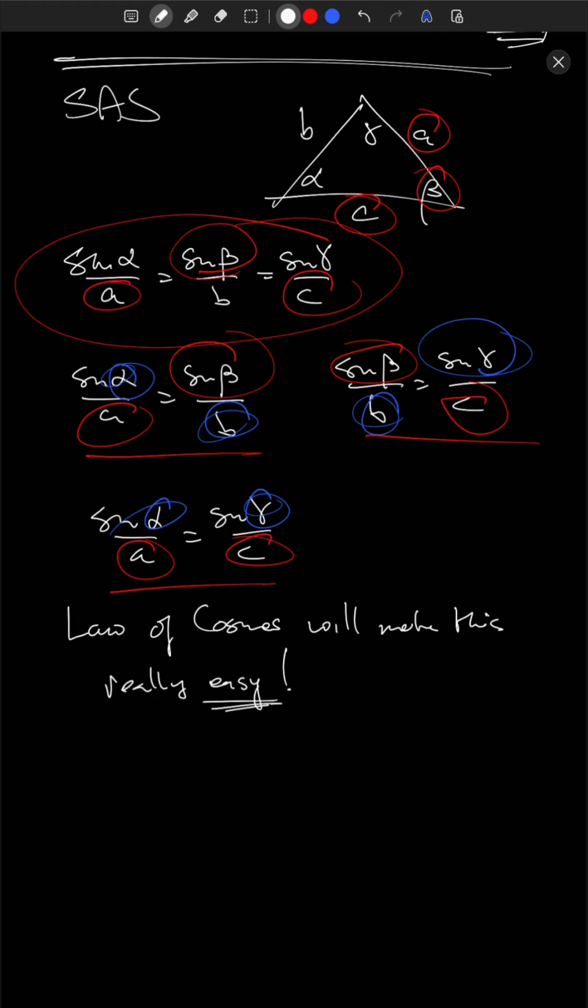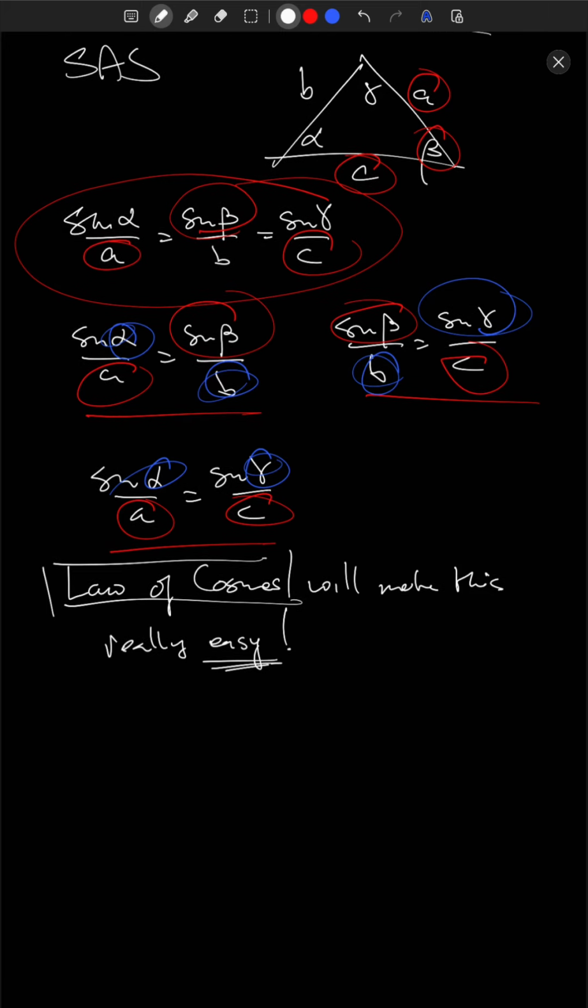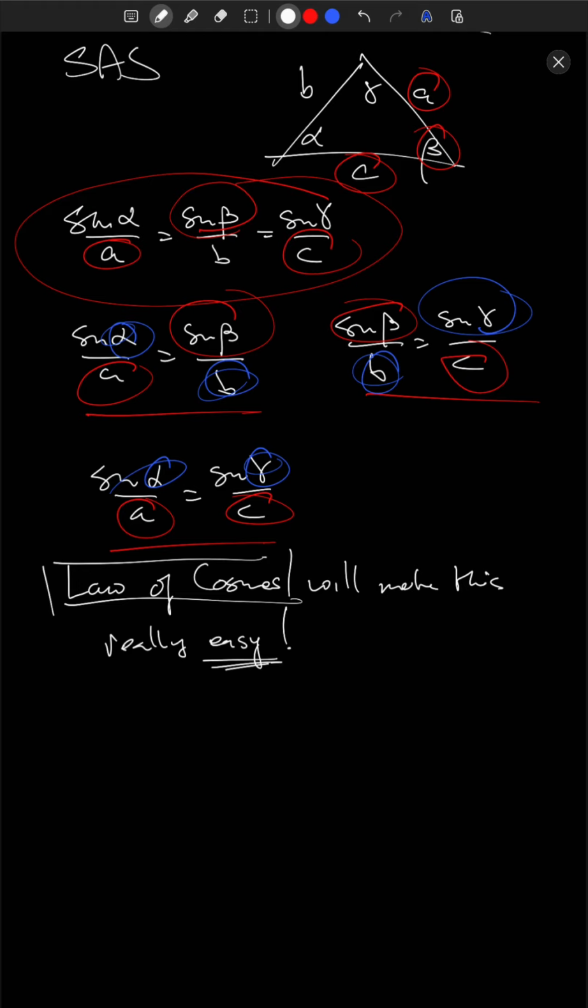And why go through the huge pain when the law of cosines, which we'll talk about in 5.2, will get it to you very, very quickly and easily. All right. So again, you don't have to memorize that for this one you have to use the law of cosines. You just naturally write down the law of sines and you'll see it's not going to be easy to work with.